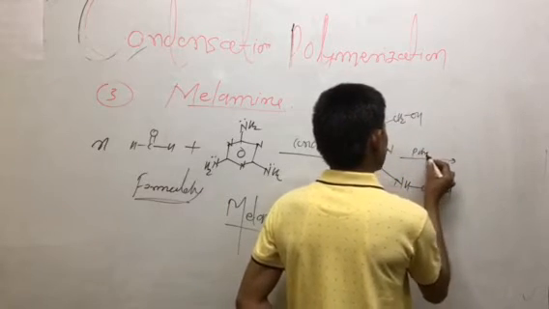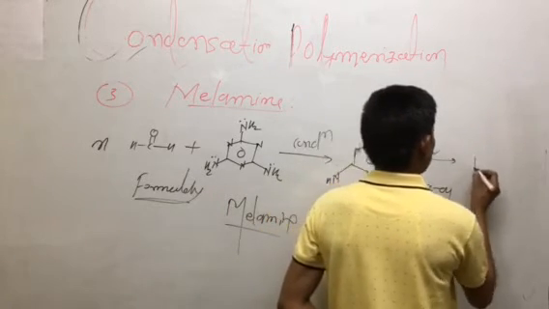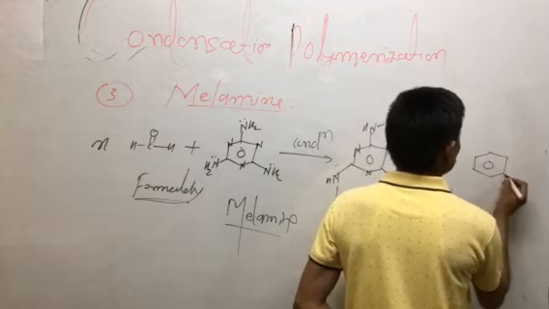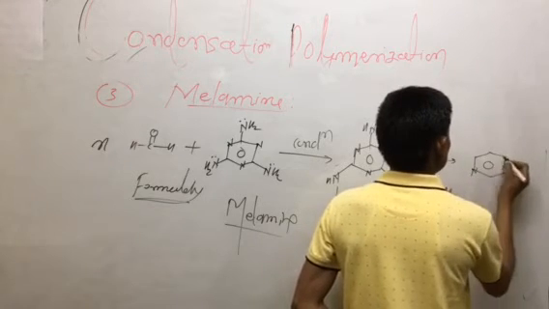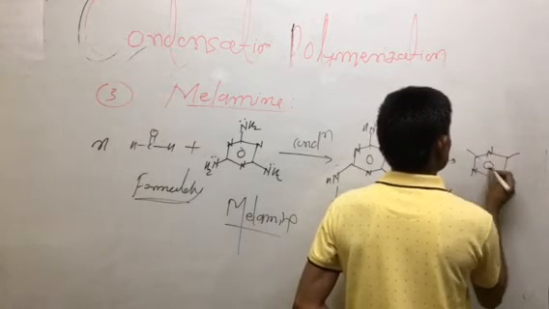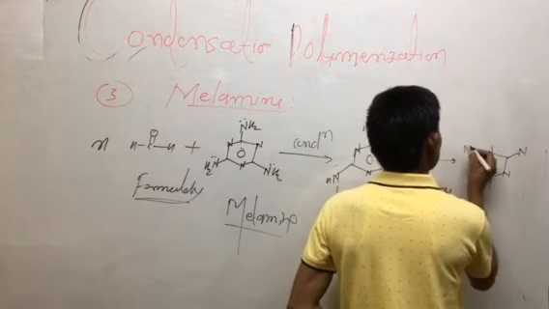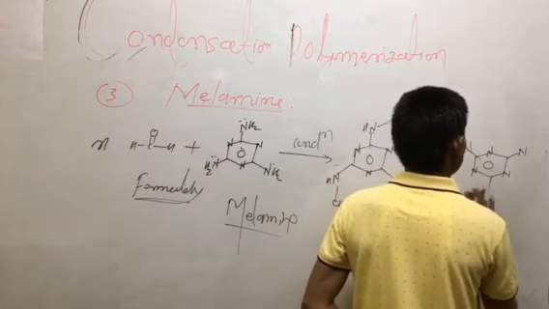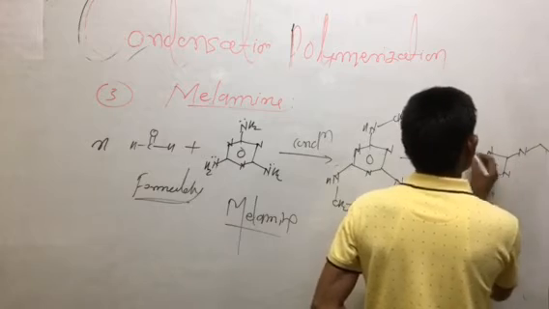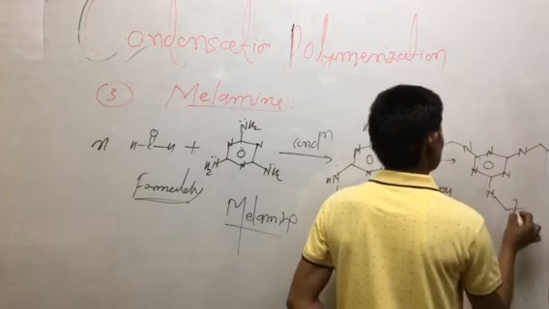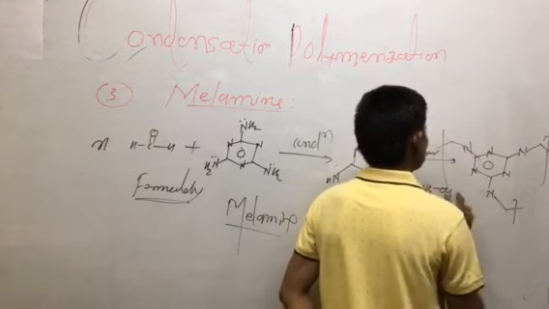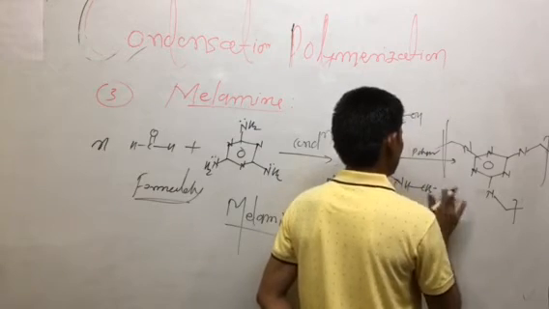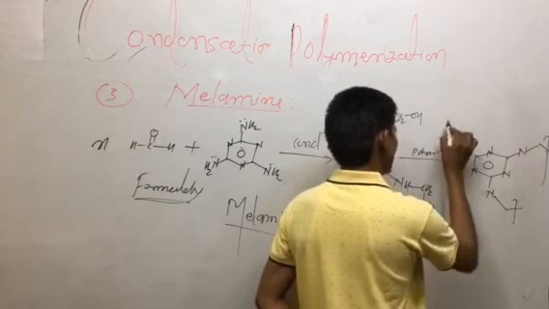Again the polymerization continuously takes place, and the final product is formed. This nitrogen is as it is, and here formation again of CH2O. This is nothing but the polymerization. This is a polymer type of product.